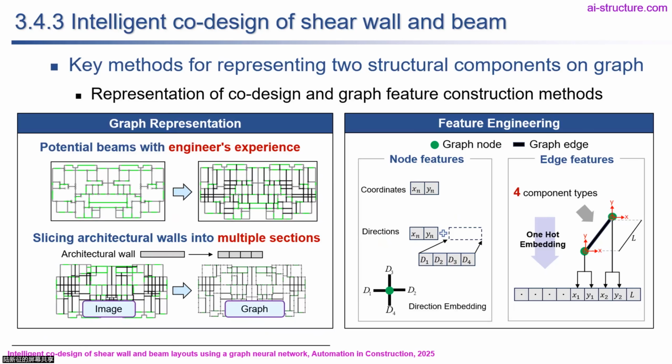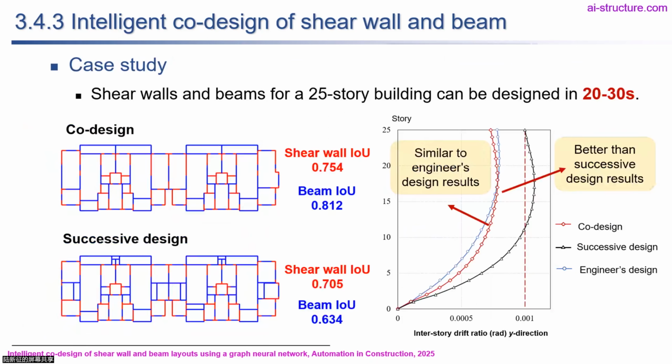So we need to propose an algorithm to control the searching space of the beam layout. And this is the algorithm we proposed, and this is the result. We can see that if we do the co-design, the shear wall layout and the beam layout are more similar to the human design. But if we do it one by one, you can see that the shear wall and the beam layout are worse.